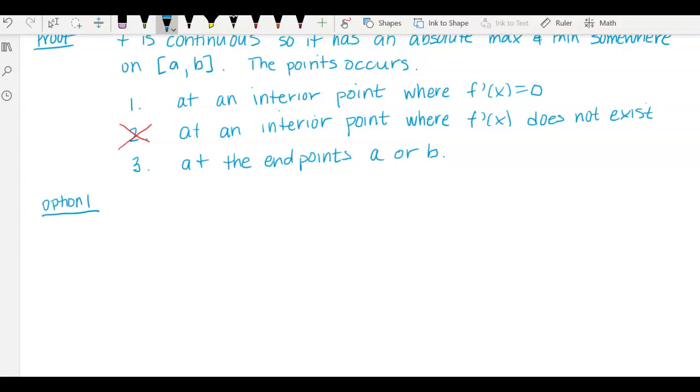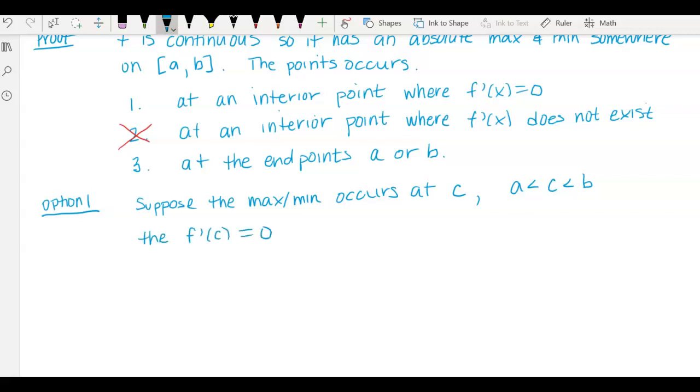For option 1, suppose that the max or min occurs at some point, let's say C, with C being in between A and B, then we know that the derivative of that point is equal to 0.